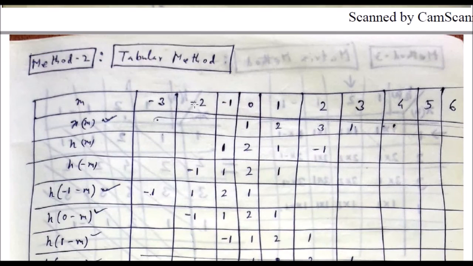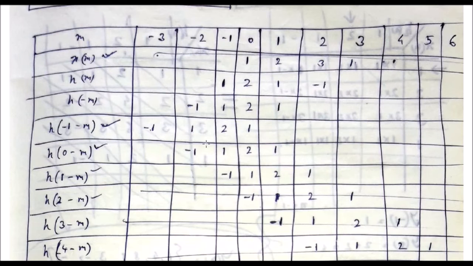So this first row is the m row, that means the time index row, starting from -5, -4, -3, -2, -1, 0, 1, 2, 3, 4, 5, 6, 7, 8, etc. Write it here. Now draw the columns according to each time index value.